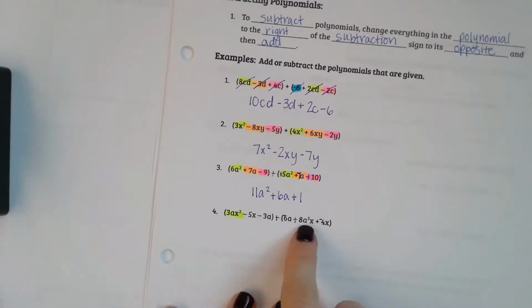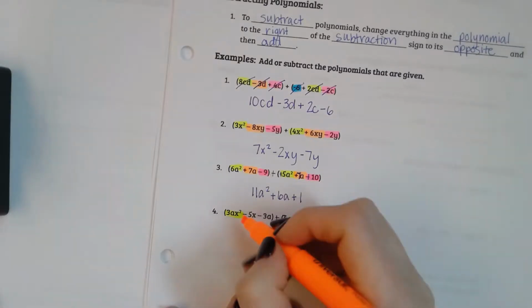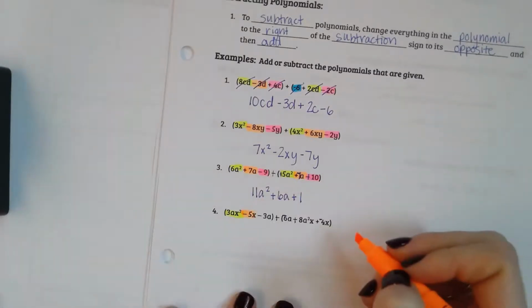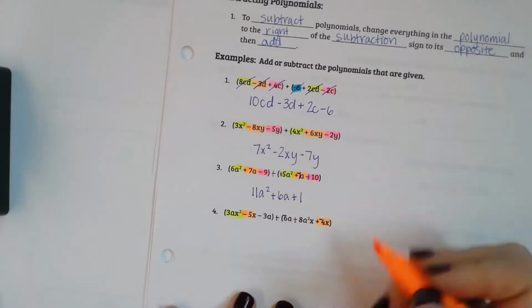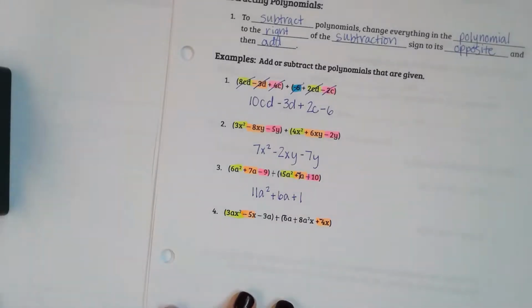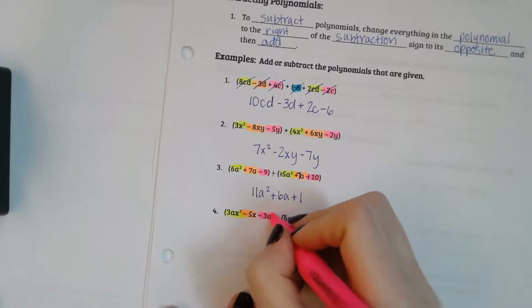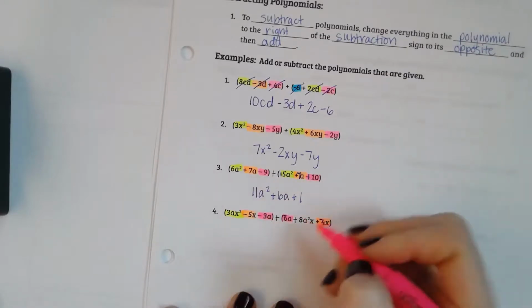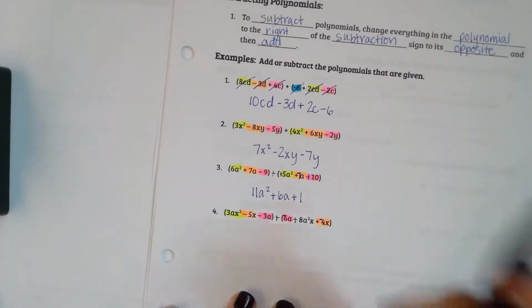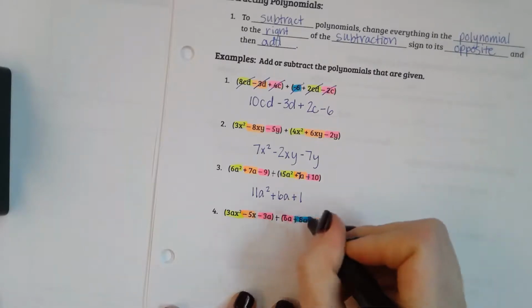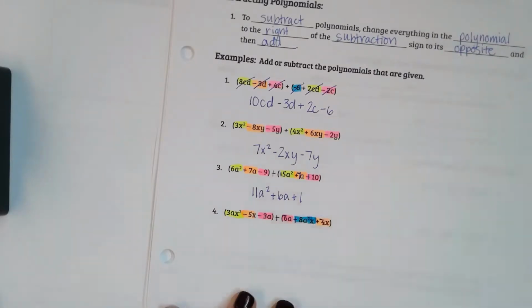So those aren't the same. So that's the only one that's like that. So then I've got this negative 5x and this negative 4x. Then the negative 3a and the negative 6a. And then I've got this 8a squared x.